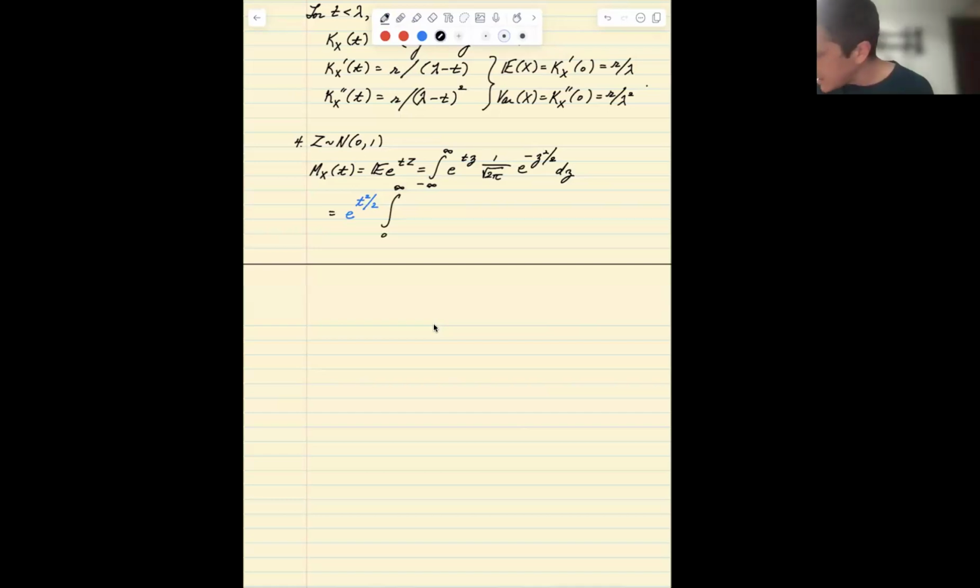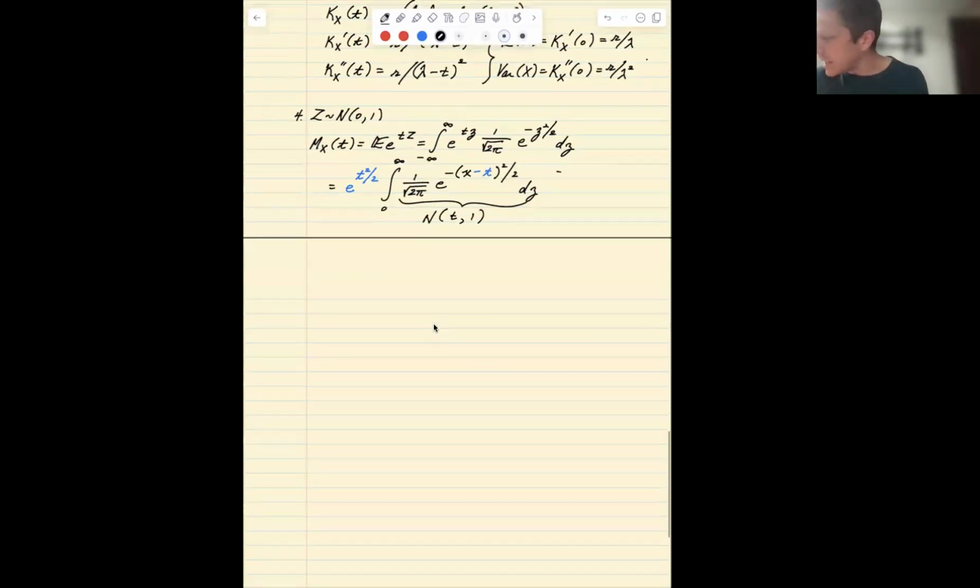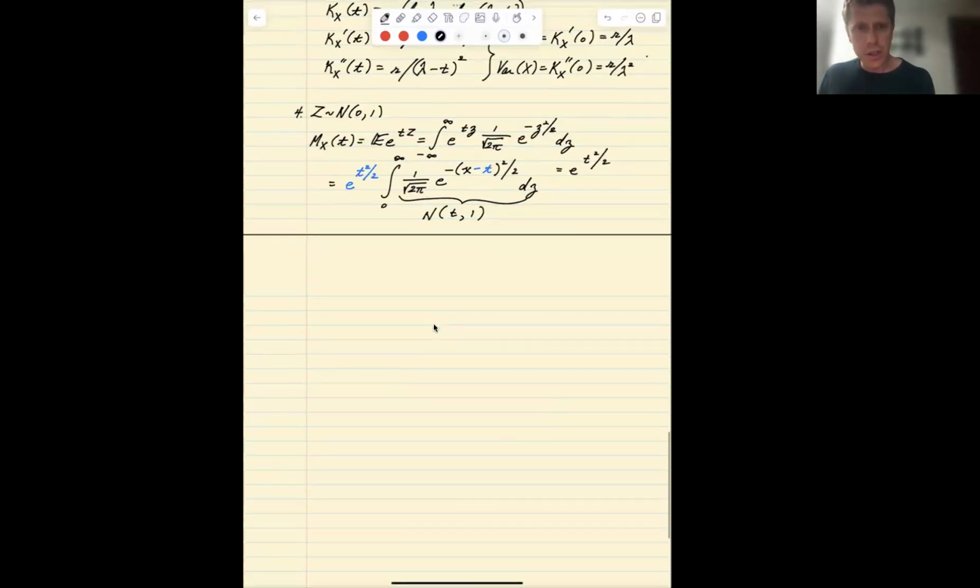And then when we pull everything together, we end up with an exponent which is the density of a normal with variance 1, but with mean t. So this integrates to 1, and the moment generating function comes out as just e to the t squared over 2.